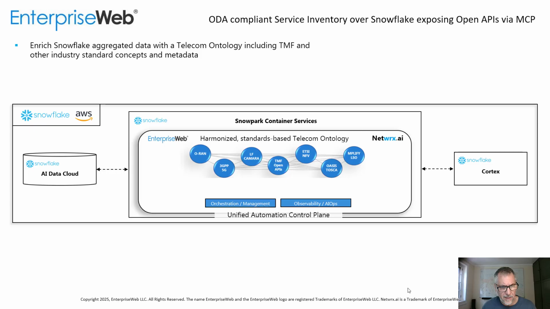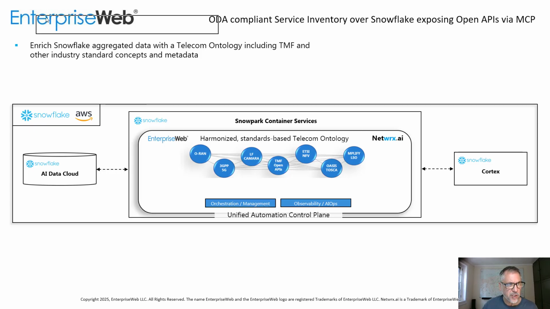And we're able to use that ontology to do entity extraction and algorithmic mapping out of the telco's data warehouse. That results in a set of typed objects in EnterpriseWeb that are auto-filled with industry standards-based metadata, as well as wrapped in standards-based interfaces, which gives us very rich objects for querying and a declarative environment that supports natural language interaction with agents and LLMs.